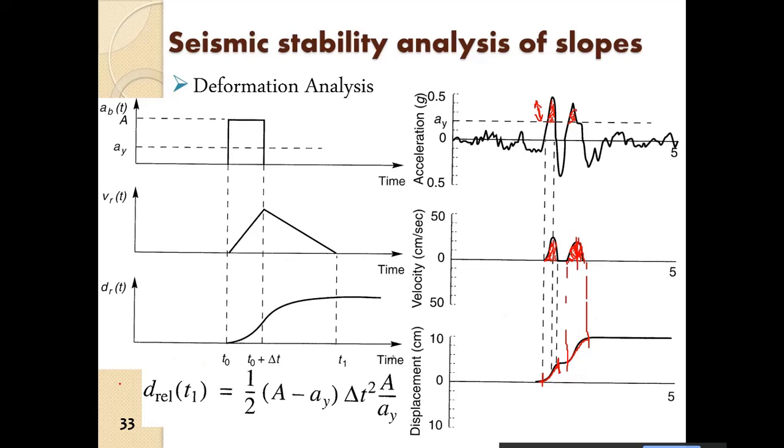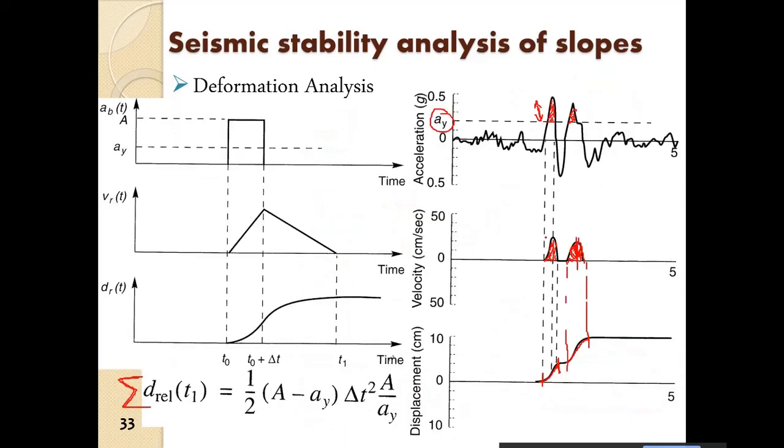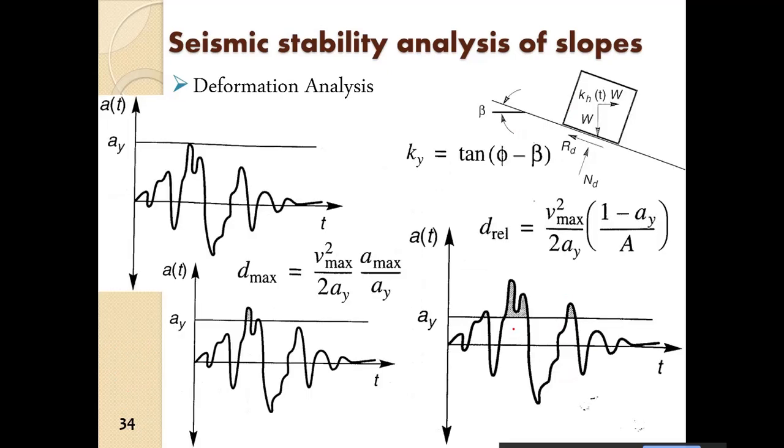So basically what we can do is sum up the distances whenever the acceleration is more than the yield acceleration. That is what Newmark did. He integrated. Another way of saying integration is summation. So we can also sum up the distances for the increment in the peak acceleration.